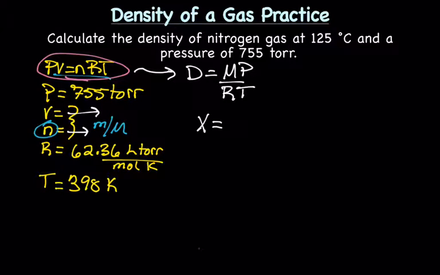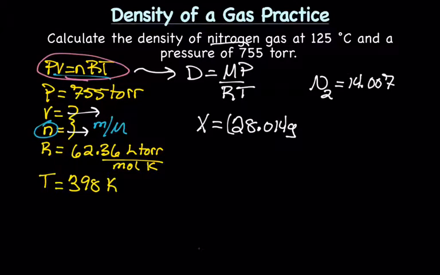Well, we've got to use the molar mass of nitrogen, which if you look on your periodic table, you will note is 14.007, but nitrogen is a diatomic, so there's two of them, which makes our molar mass 28.014 grams per mole, because molar mass is grams per 1 mole.